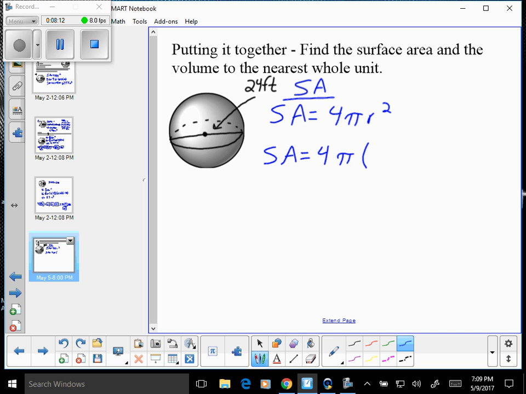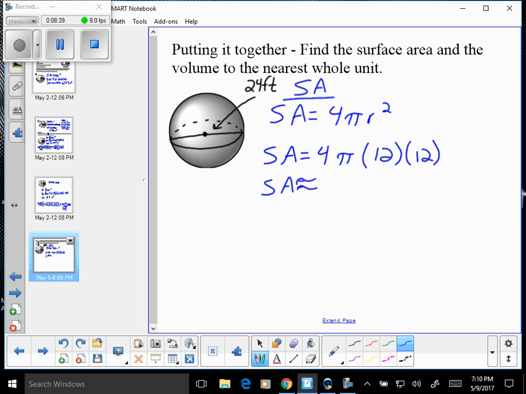So surface area is going to be 4 times pi. Now my radius here is going to be 12. And it's up to you if you want to put it in terms of pi. They don't often with spheres. Otherwise, it's going to be something like 144 times 4, which is something like 576 pi.